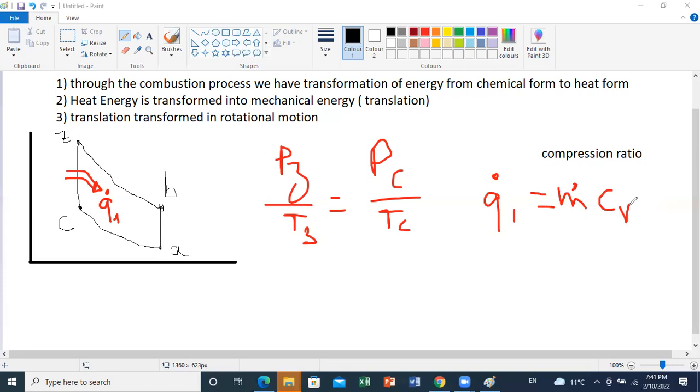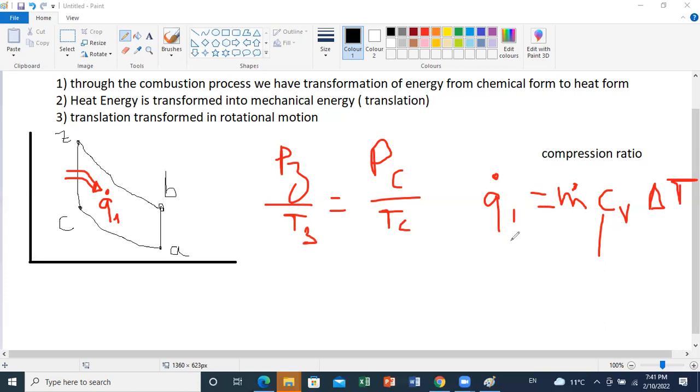So whenever you have heat exchange at constant volume, you use m dot Cv delta T. Whenever you have exchange of heat at constant pressure, you use m dot Cp delta T. Cv is the specific heat at constant volume, and Cp is the specific heat at constant pressure. Since this process is taking place at constant volume, I can express the heat exchange as m dot Cv delta T.